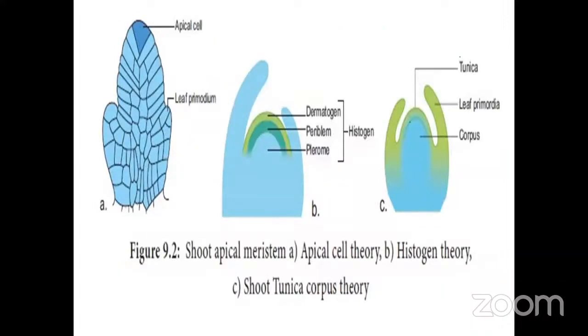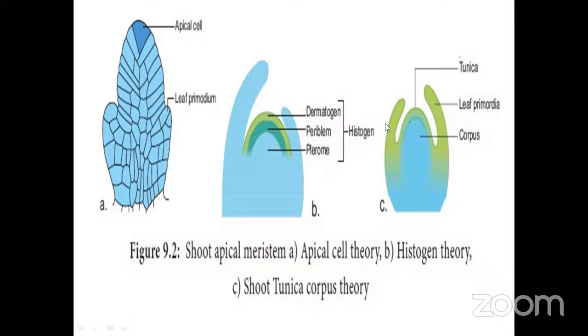So these are the shoot apex theory diagrams. Histogen theory. So apical cell theory, histogen theory, tunica corpus theory. See the diagram. Plerome region, periblem region, dermatogen. Three regions clearly.